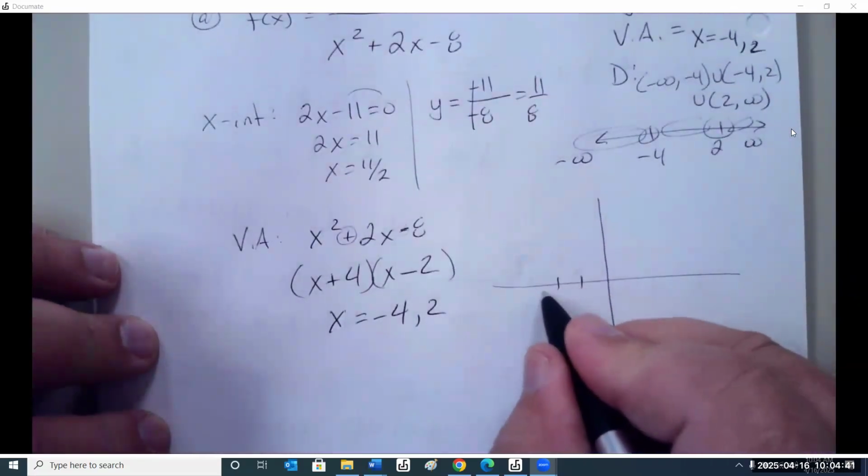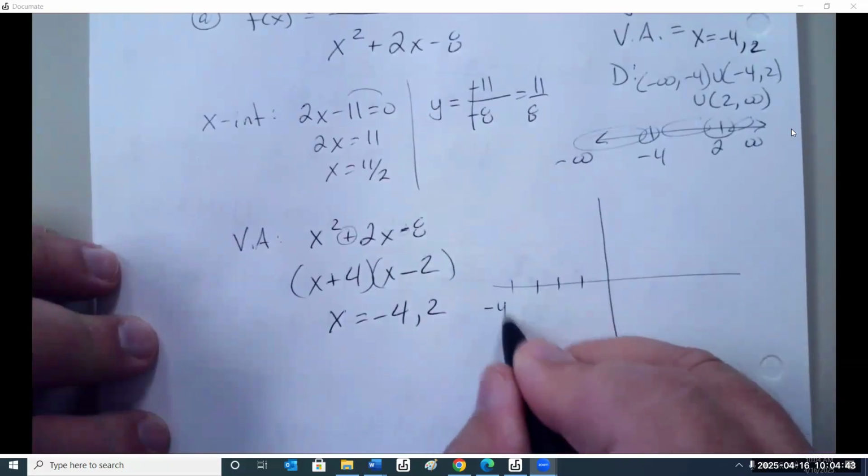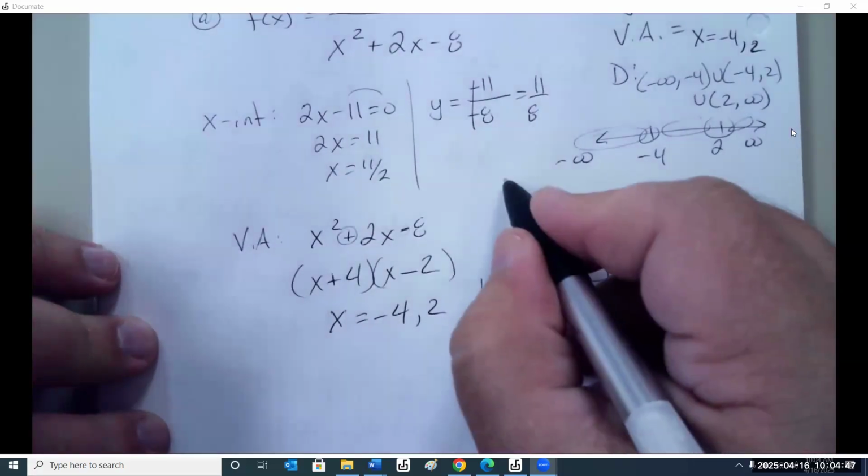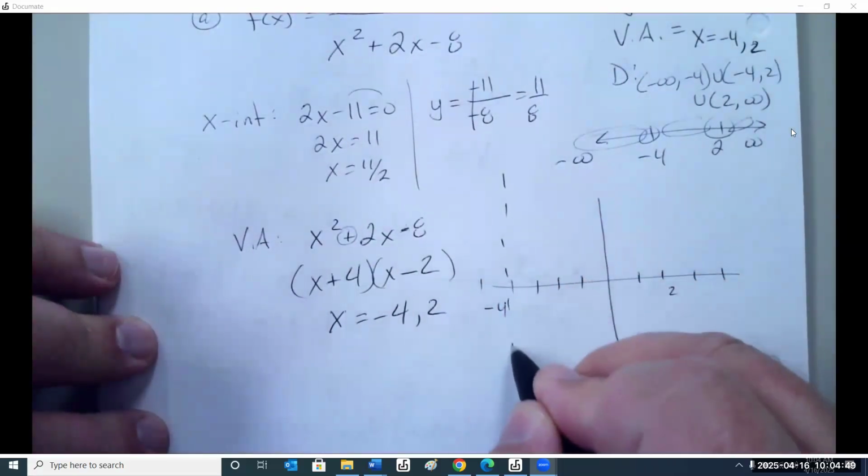Since our vertical asymptotes are at -4 and 2, we know we can't cross those lines.